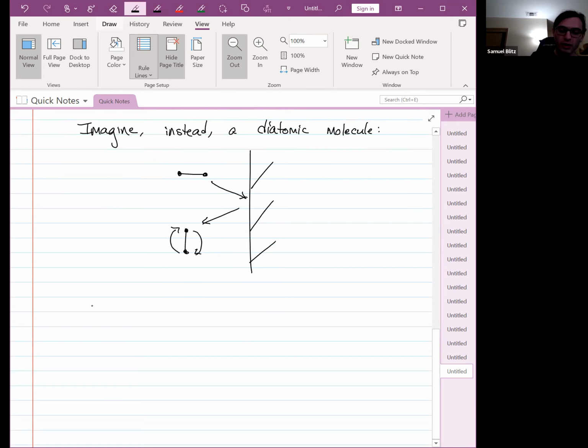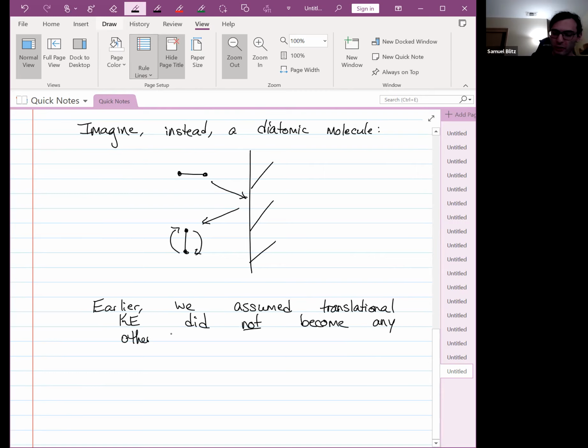So before, we had assumed that all of the energy that it initially had stayed in the form of translational kinetic energy, i.e. there was no rotational kinetic energy. There was no other type of energy at all. But here, we can't make that assumption.